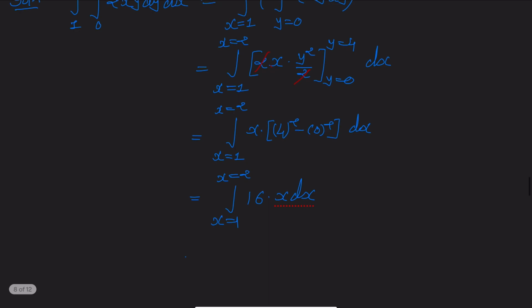Now this is our usual integration. 16 is constant, we will take it outside. x has integration x square divided by 2 from x is equal to 1 to x is equal to 2.